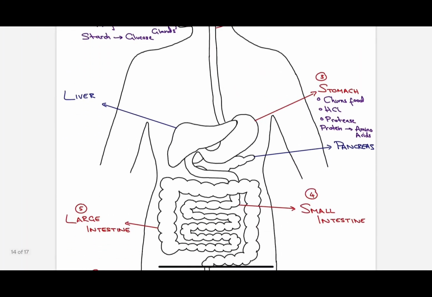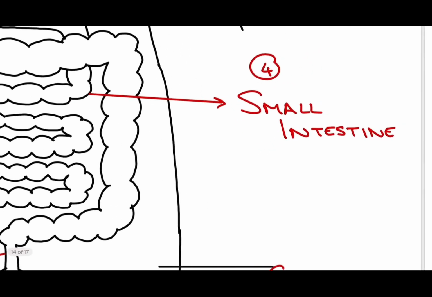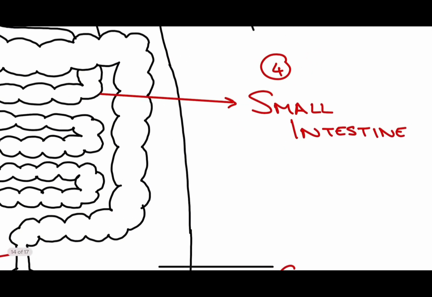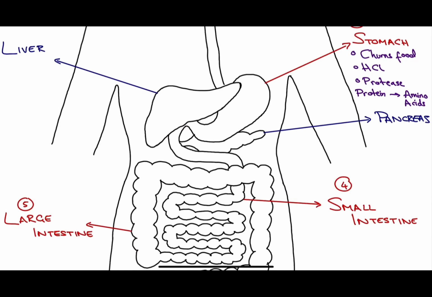Then, once that happens, it moves to the small intestine. In the small intestine, you have the breaking down of all molecules. If you look close, there is your pancreas.